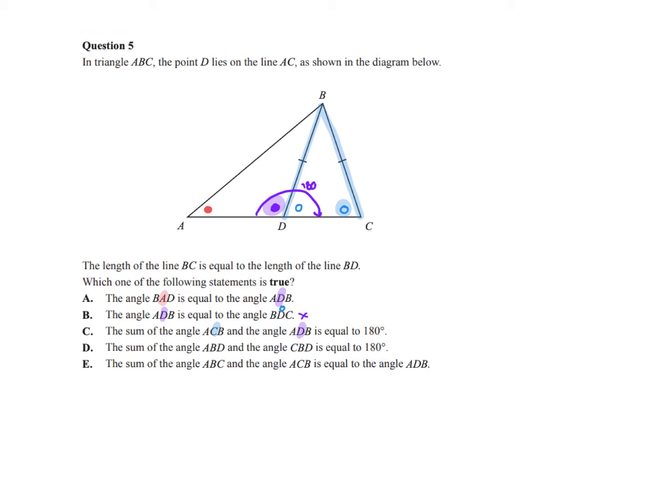Now, I am going to agree with that because this angle, we already know that, don't we? This angle is the same as that one there, isn't it? So you can definitely see that's true.